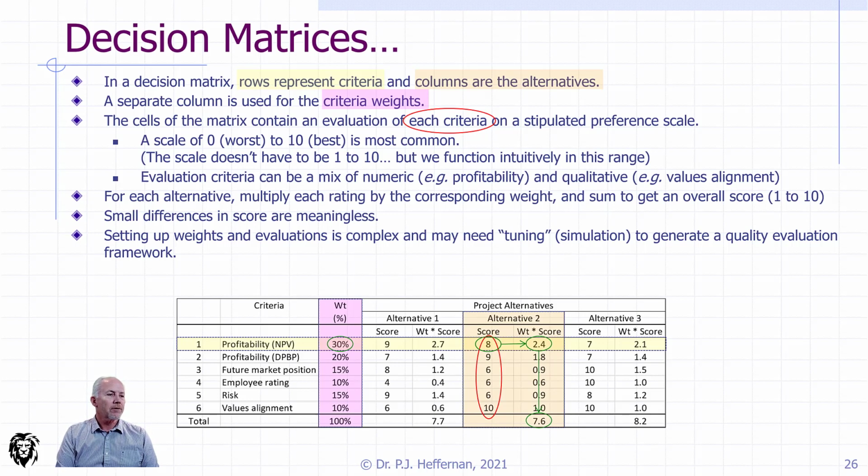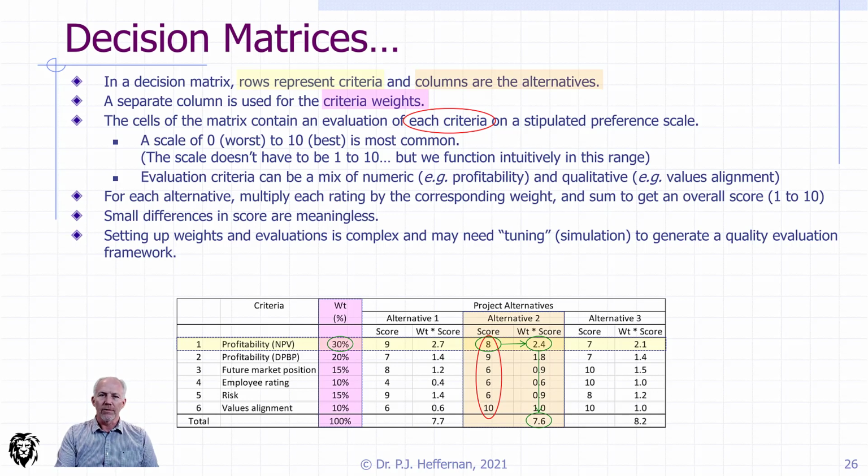So some degree of tuning, it's a complicated beast, but it is certainly worth running through some fictitious projects to make sure that you're getting back numbers that make sense to you before you start looking at the actual projects themselves.